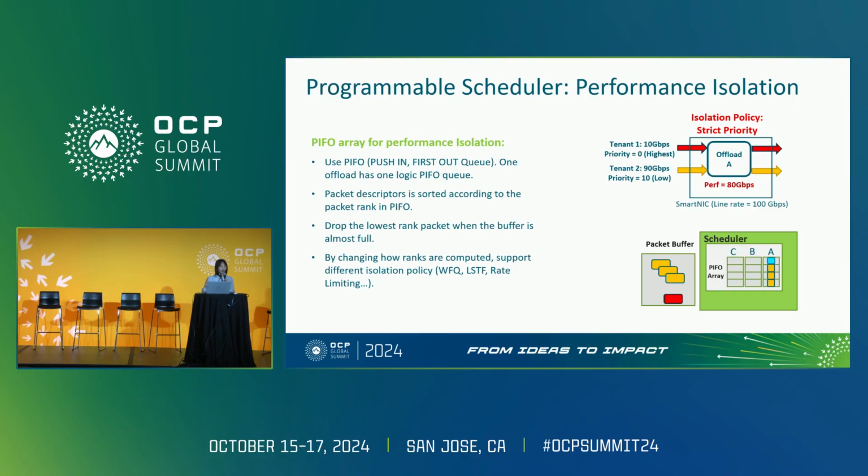By changing the rank of the packet, it will determine how different packets are sorted, and therefore we can support different types of isolation policies, like weighted fair queuing and rate limiting. Based on this, we allow the cloud vendor to define their own types of isolation policy based on their business models.